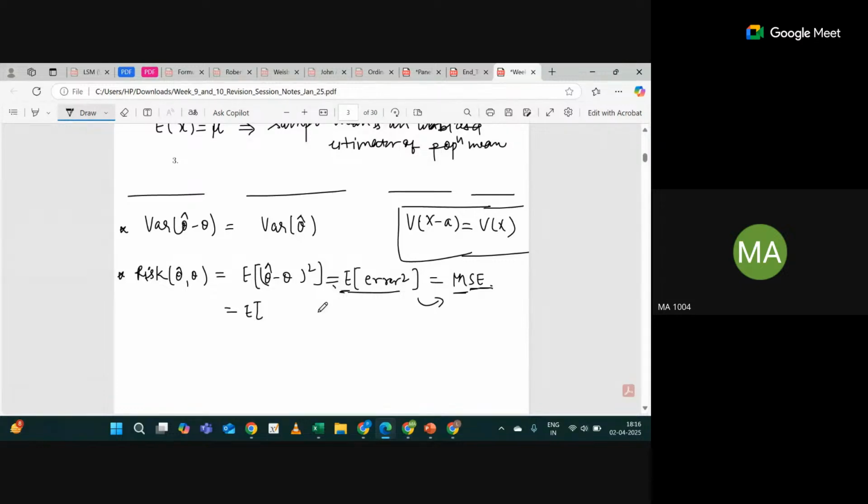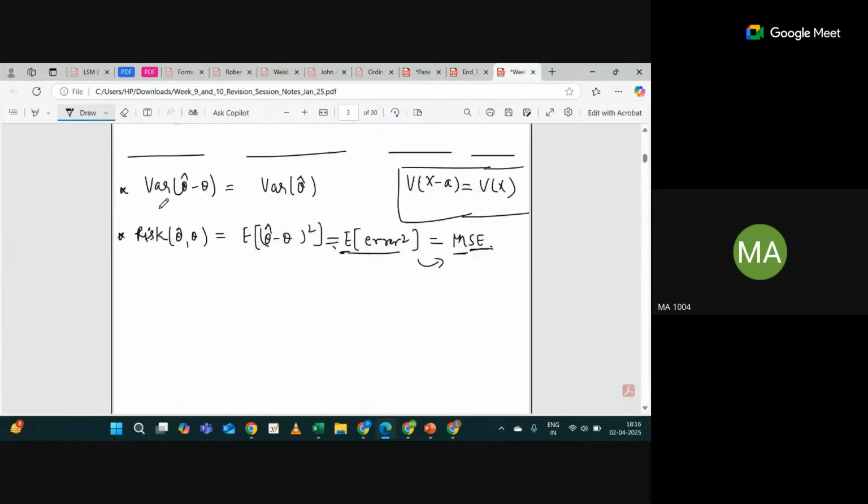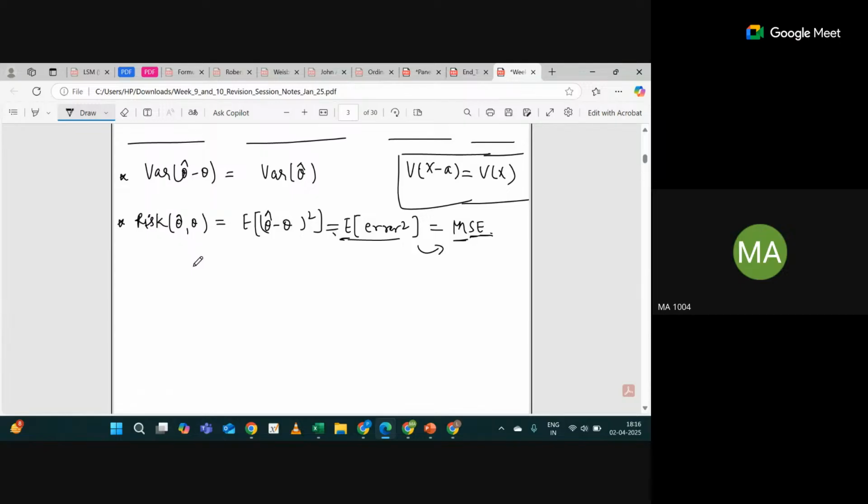Another thing is the relationship. I'm not going to do the derivation; you can check it. The derivation is not important, at least for this class.